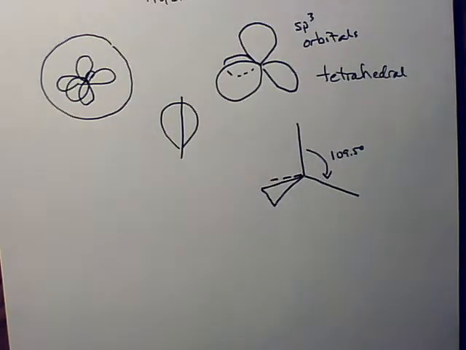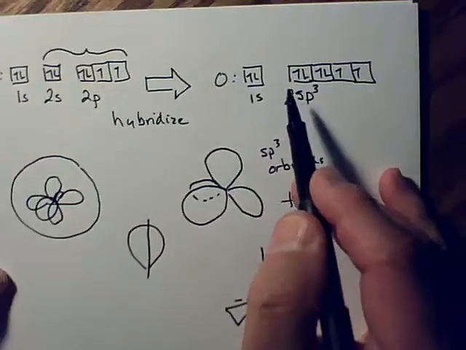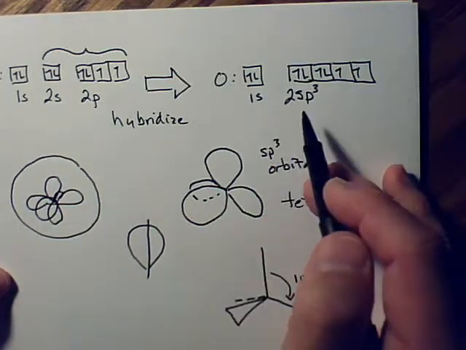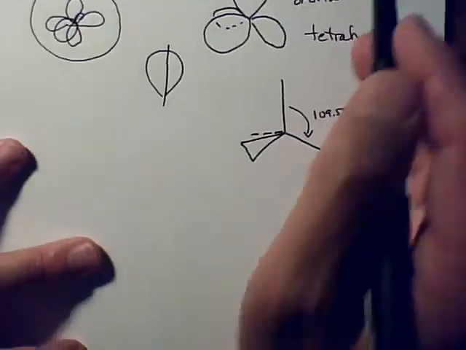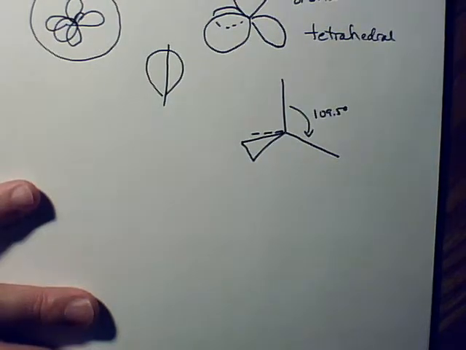All right, are you with me so far? Yeah. All right. So, the reforming of the orbitals from S and P into these hybrid orbitals called sp3s force them to arrange themselves in this sort of arrangement.